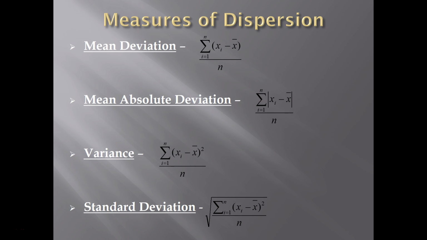But before we get there, I do want to show you the formulas for how to get mean deviation, mean absolute deviation, variance, and standard deviation. So four formulas there. Now those four formulas are pretty ugly. They're pretty nasty looking, and they're really not fun to do because you have to find sums. You have to do these separate calculations and then add all of them together.